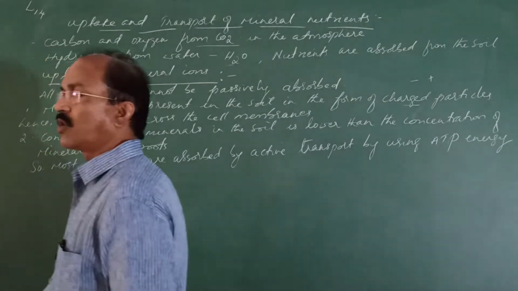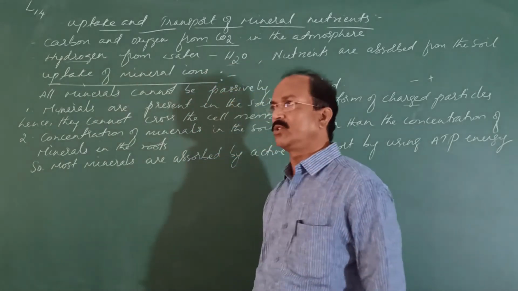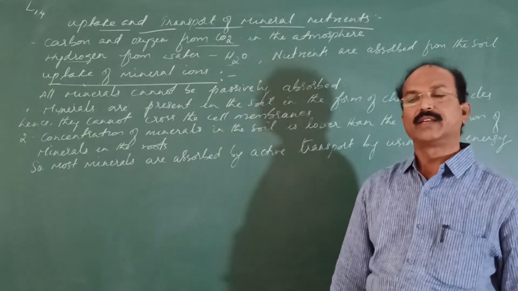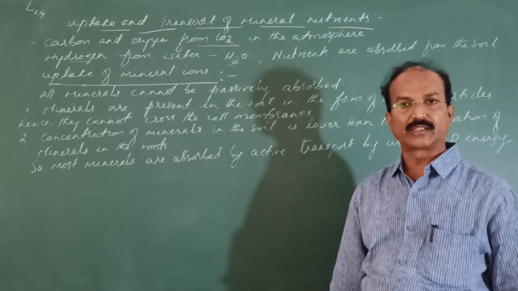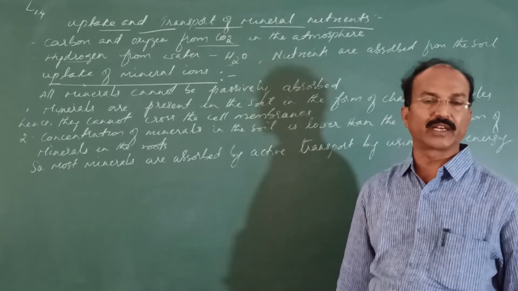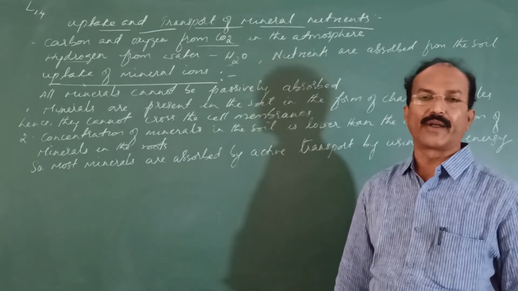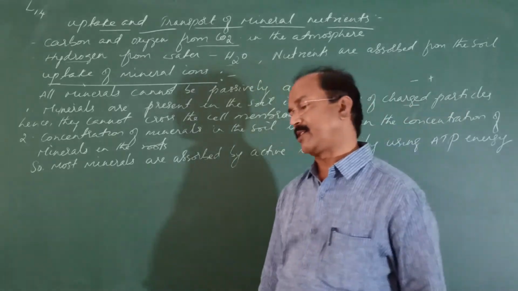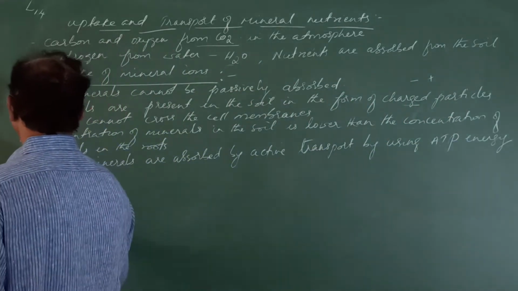Ions are absorbed from the soil both actively and also passively. Some ions, not all the ions. It depends upon the concentration gradient of that particular ion. Some ions are absorbed passively and some ions are absorbed actively.